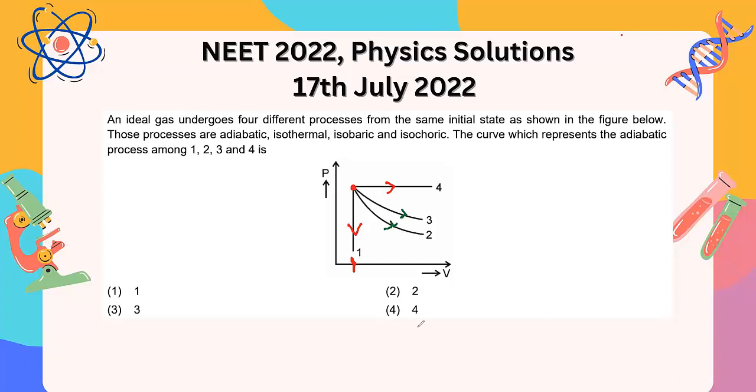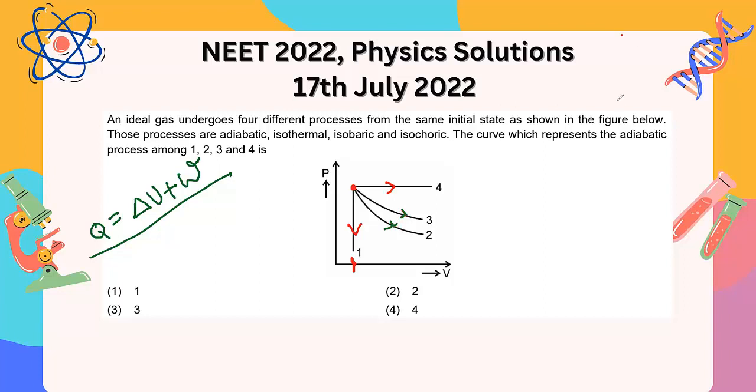Which one is adiabatic? And so we know from the first law, what do we know? That if you give heat Q to a gas, a part of it changes the internal energy and a part of it goes into doing some work, right? Q is equal to delta U plus W, and both the gases, if you see, are going from left to right.